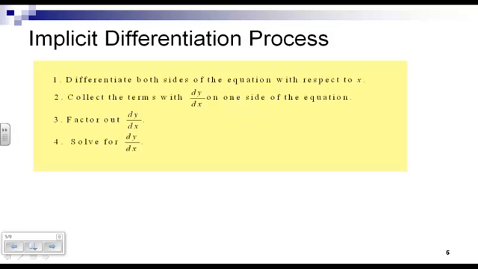Then, let's get all of the terms that have dy dx on one side, and all the other terms without dy dx on the other side. On the side that has the dy dx, factor the dy dx out, and then divide in order to get dy dx by its lonesome.